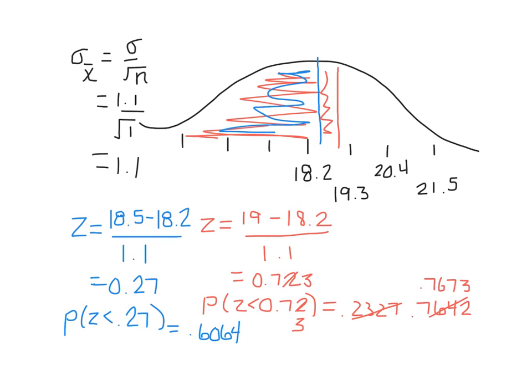So the question now is, do these results suggest that money can be saved by making smaller manholes with a diameter of 19 inches or a diameter of 18.5 inches? So we're talking about the fact that we need these men to be able to fit in these holes. What we know is that about 61% of men have shoulder breadths that are less than 18.5 inches.